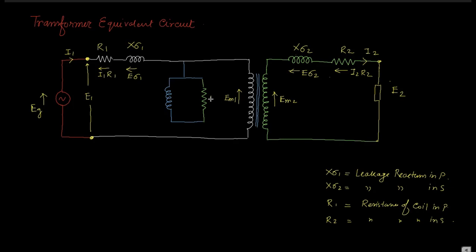This is RL, this is XM. What are RL and XM? XM is the magnetizing component. RL is the core loss component.